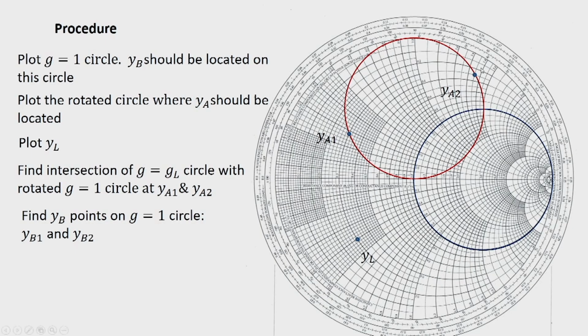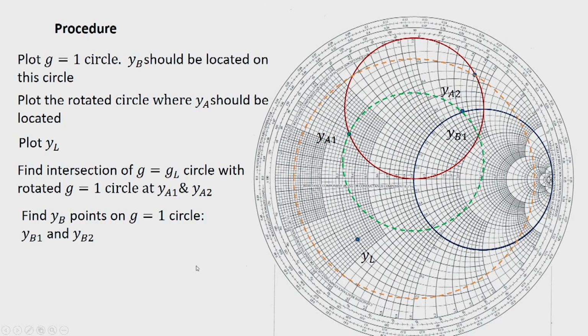Now, this has to be transformed to g equal to 1 circle to get the corresponding yb points, and in order to do that, we now move by the distance lambda by 8 or an angular movement of 4 pi d by lambda, that means here in this case pi by 2, and follow a VSWR circle, so that we find out the intersection Ya1 on the rotated g equal to 1 circle actually corresponds to this point Yb1 on the g equal to 1 circle.